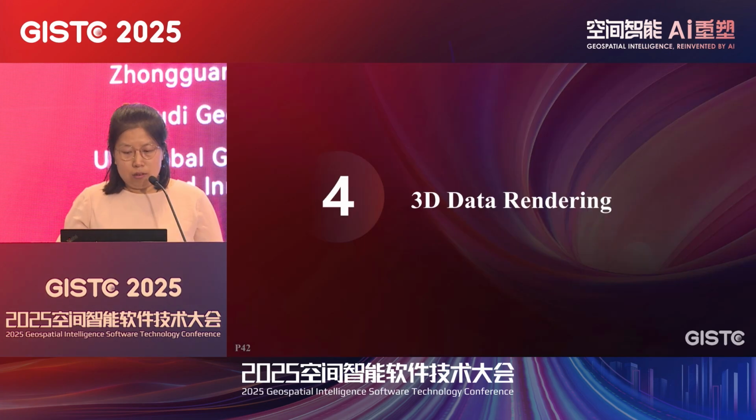We know that in addition to the management capabilities of 3D data, rendering is equally crucial. When the rendering performance is high and the results are visually appealing, it captures the attention of our users much more effectively.